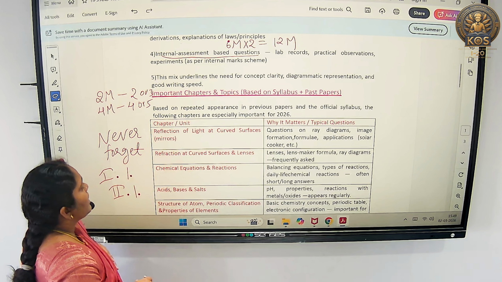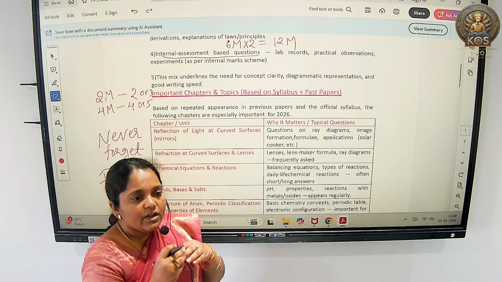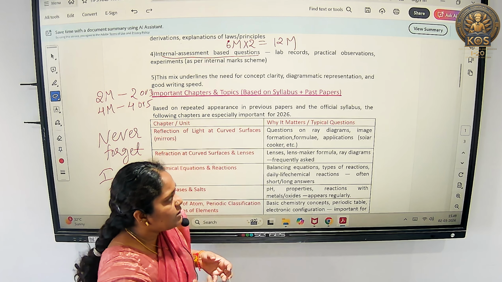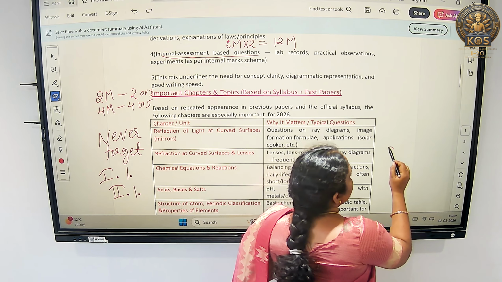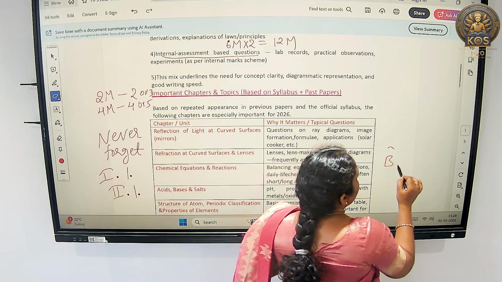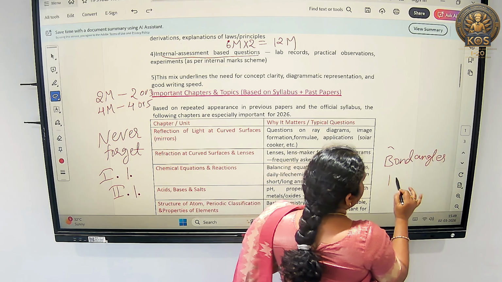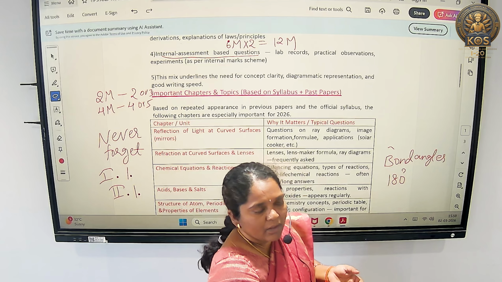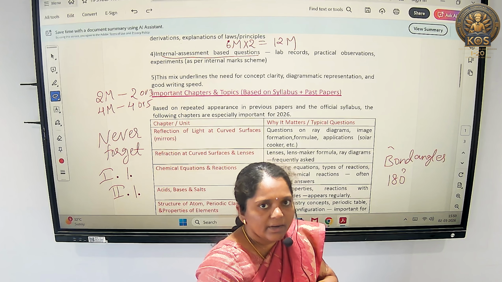And next, coming to representation of the paper. Whenever you are writing a definition or an important term, for example bond angles in chemical bonding, if the bond angle is 180 degrees, the number will be somewhere in the answer, and the corrector may not find it directly; he has to read the entire answer.